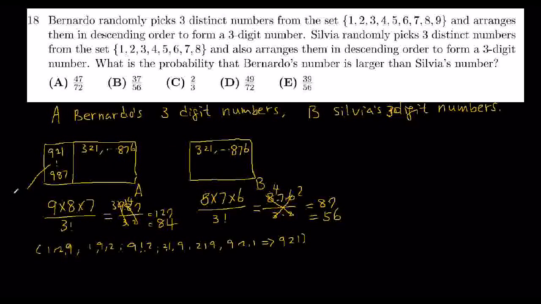After 9 is selected, we have 8 ways to select the second number and then 7 ways to select the third number, divided by 2, which is 4 times 7, 28. So here we have 28, and here we have 56, as we did already.